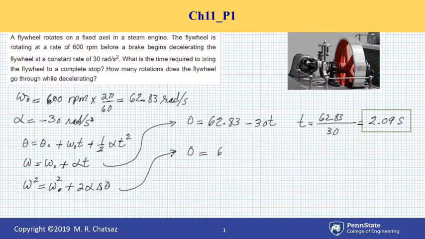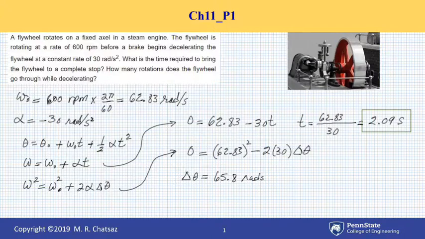Initial speed is 62.83 squared minus 2 times 30 times delta theta. Solving this for the angular displacement, I get a numerical value of 65.8. This is in radians.